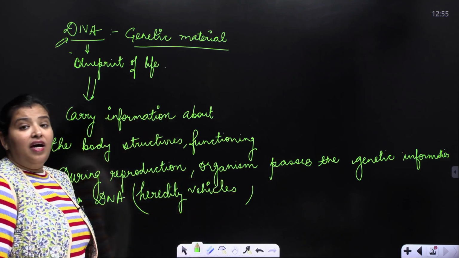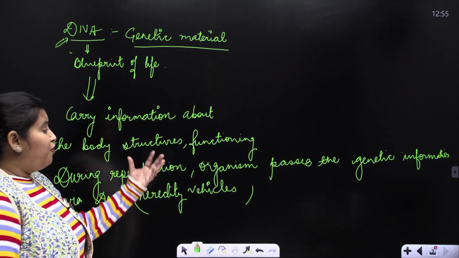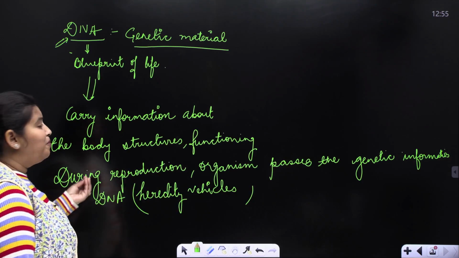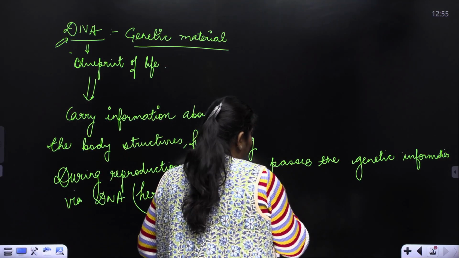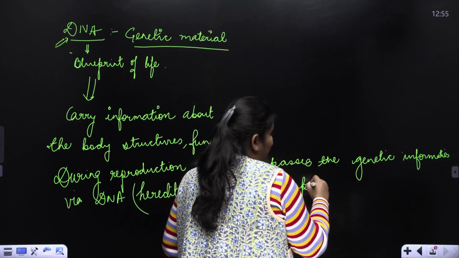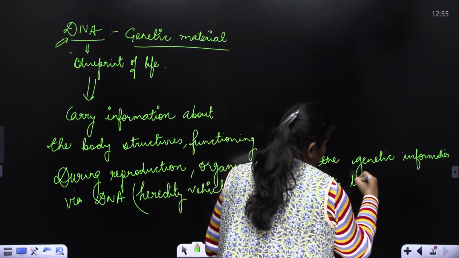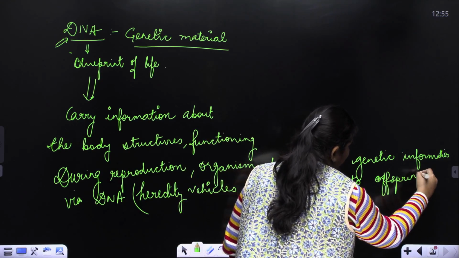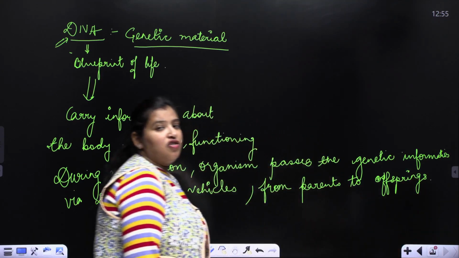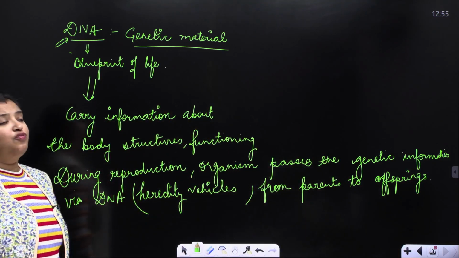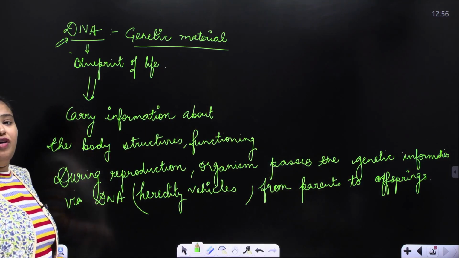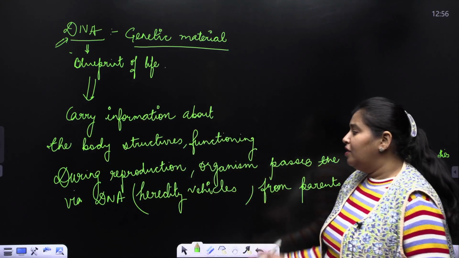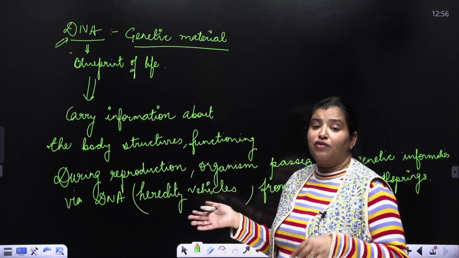Vehicles which carry heredity, which carry information from one generation to the next generation. So organism passes the genetic information via DNA from parents to offsprings. From parents to offspring, the genetic information is transferred during this process of reproduction. So you have to keep in mind the heredity vehicles, which are the DNA, which carries the information. What is heredity?